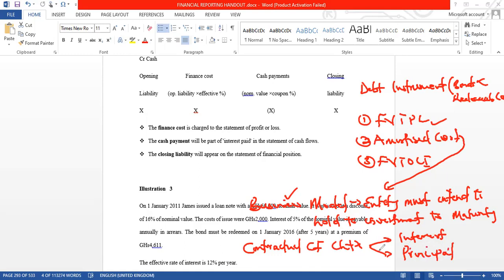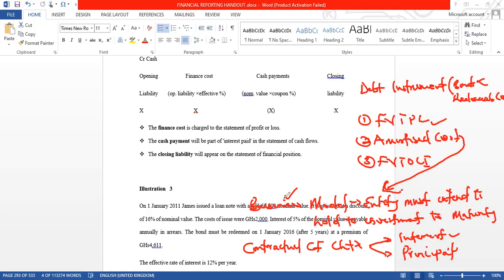So if your cash flows are solely the principal and the interest, and every bond that you buy will have the principal, and if the person who invested in the entity is going to hold the bond to maturity, then you are going to use the amortized cost.